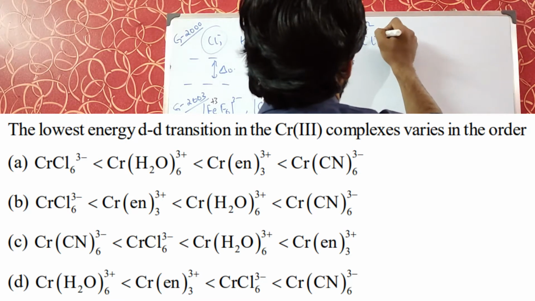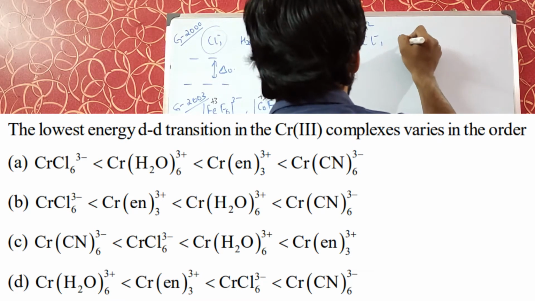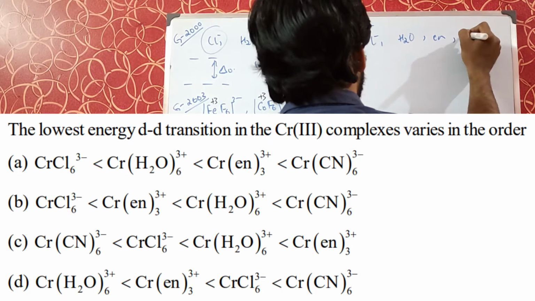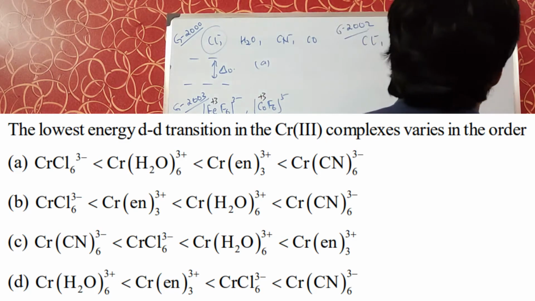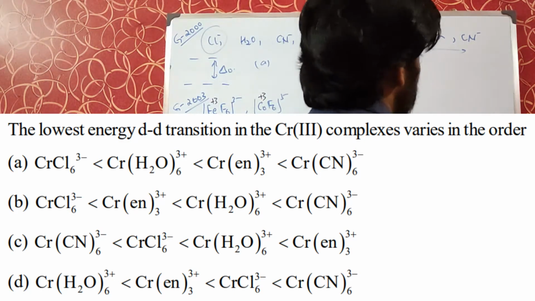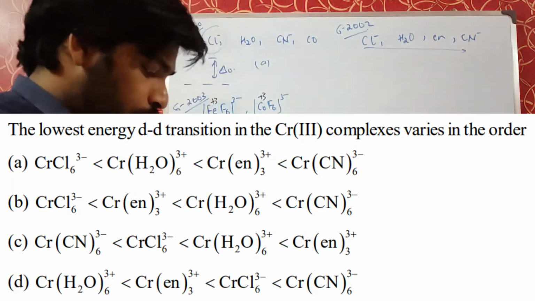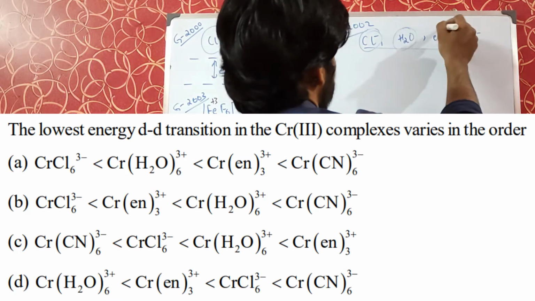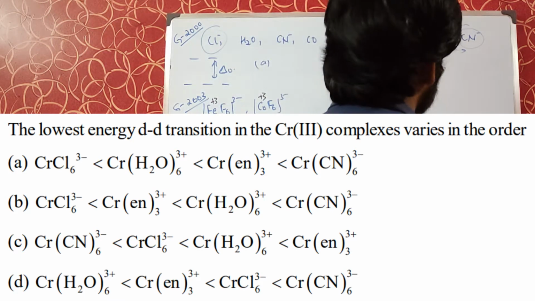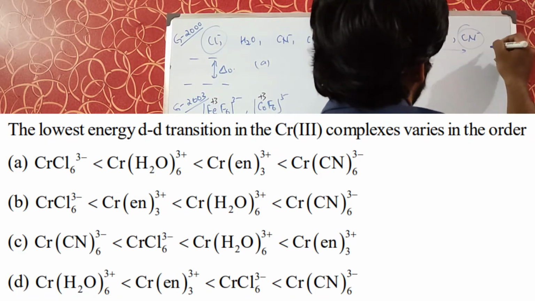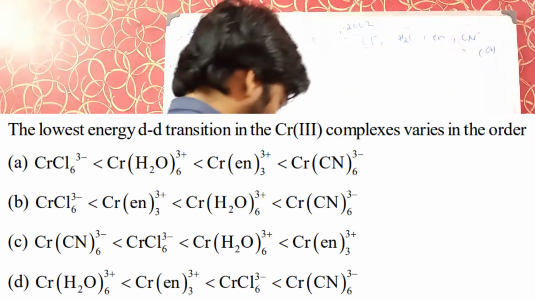The ligands you have are Cl minus, H2O, ethylenediamine, and cyanide. And if you can figure it out, it's written in the form of increasing ligand field strength. So the lowest energy d-d transition should obviously be for this, followed by this, followed by this, followed by this. That is given in your option number A, which is the correct option.